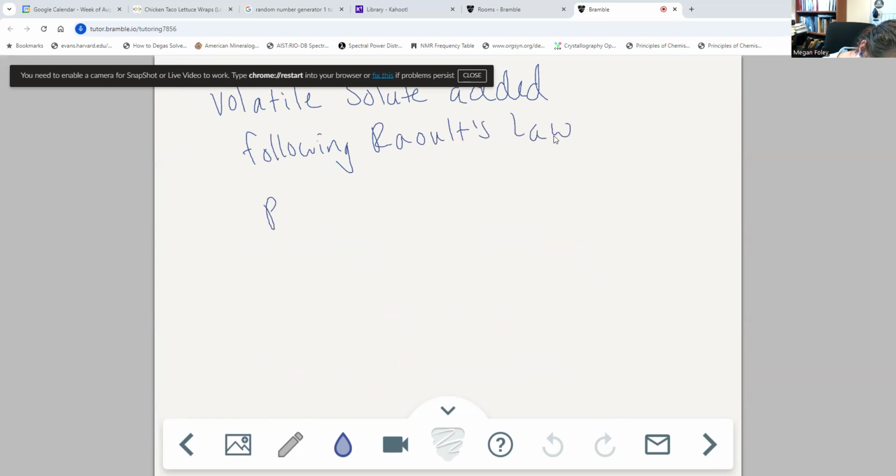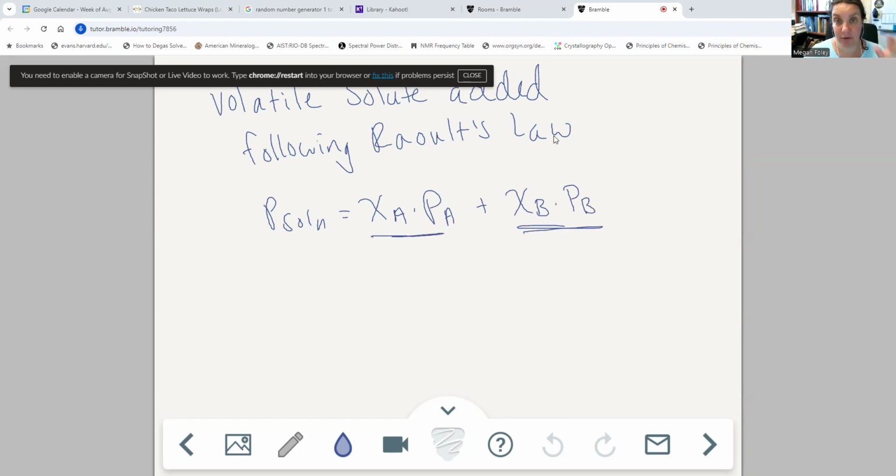The vapor pressure of the solution is equal to the mole fraction of the first component, which I'm just going to call component A, times its vapor pressure, plus the mole fraction of the second component times its vapor pressure. So it's essentially a weighted average of the different components of the solution that will give you the vapor pressure of the solution.